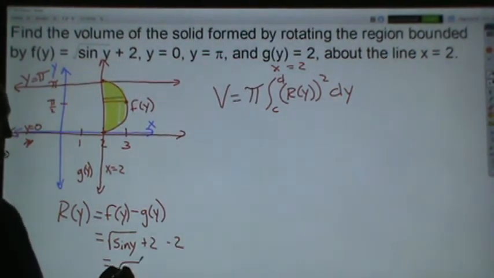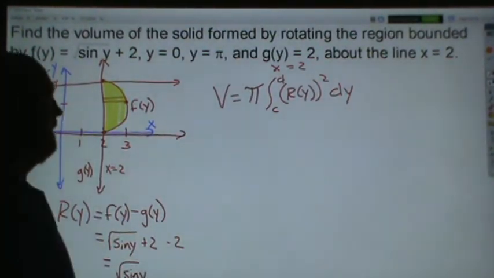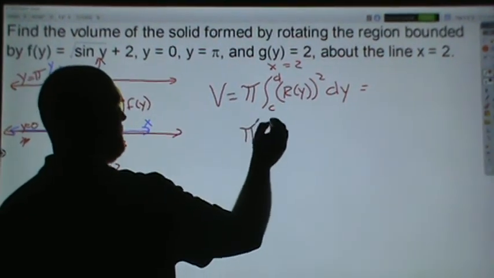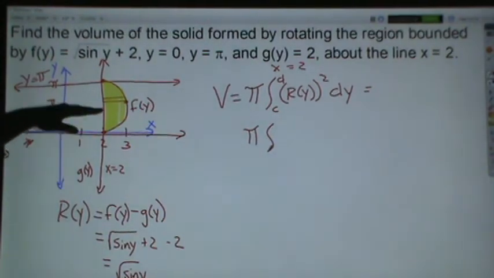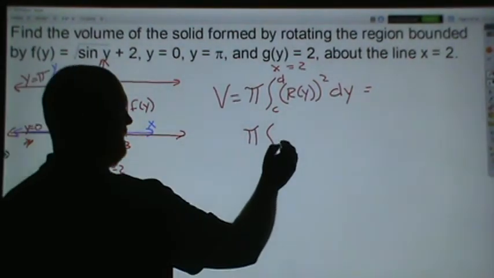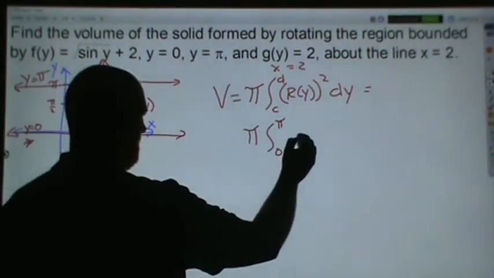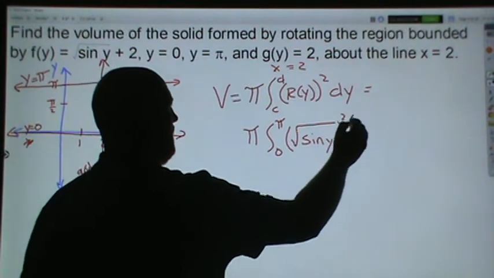So this is equal to the square root of the sine of y. So when I substitute in, I'm going to have pi times the integral. We have to go low to high. So when we go low to high, we're going to go from 0 to pi. R of y is the square root of the sine of y, and I'm going to have that quantity squared dy.